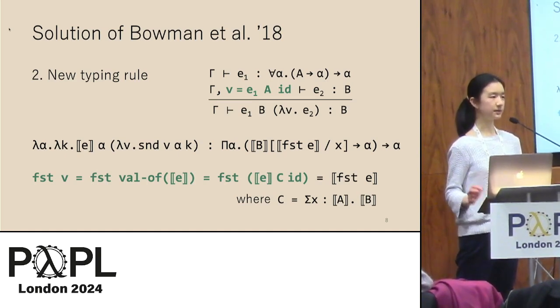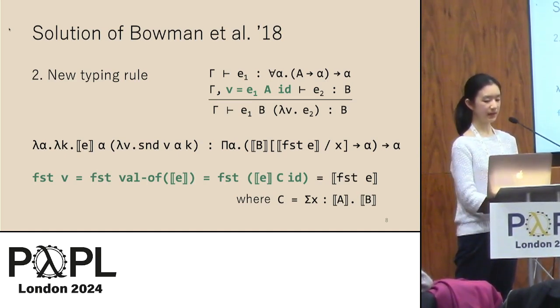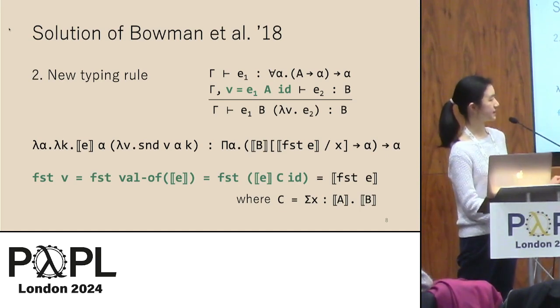This new typing rule applies to application of a CPS term to a continuation, and it allows us to type check the body E2 of the continuation with the knowledge that the received argument V is a specific value. This gives us the first two equations here.